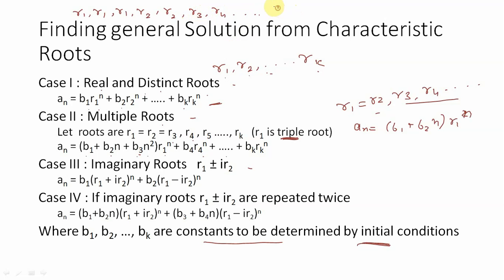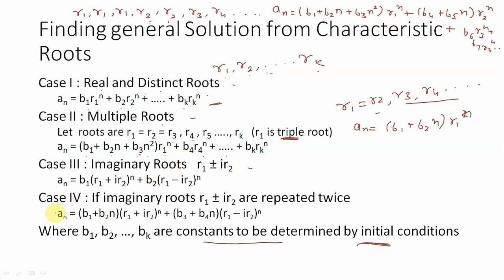Now the equation will be something like An is equal to B1 plus B2n plus B3n square times R1 to the power n, plus, as this is a triple root, and R2 is a root of multiplicity 2, I'll get B4 plus B5n times R2 to the power n, and then from this point onwards I'll go with B6 R3 to the power n plus B7 R4 to the power n and so on and so forth.